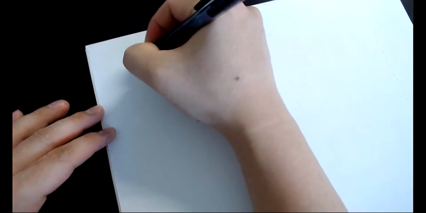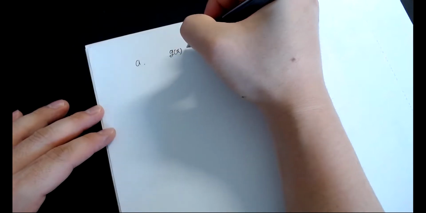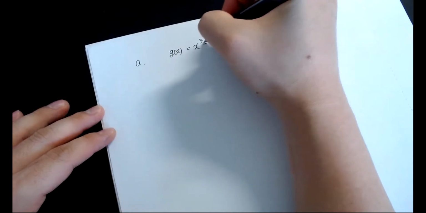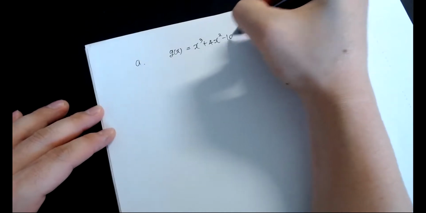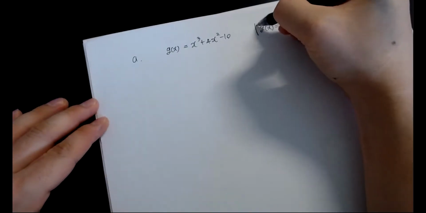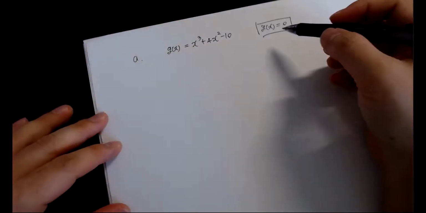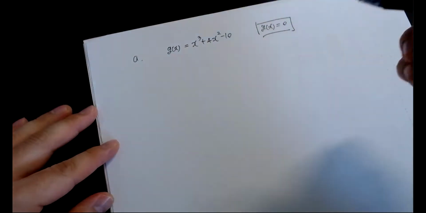Let me explain on the sketch paper. So here, g of x is x cubed plus 4x squared minus 10, right? So we want to solve g of x equals 0, a root finding problem, by transforming this to fixed point form.